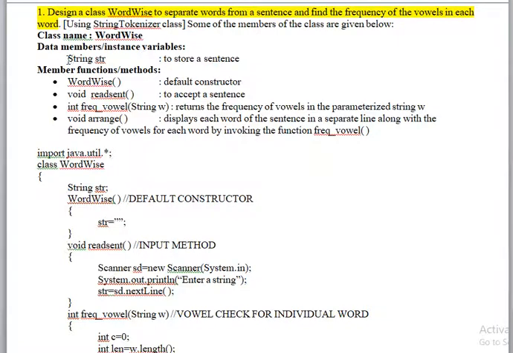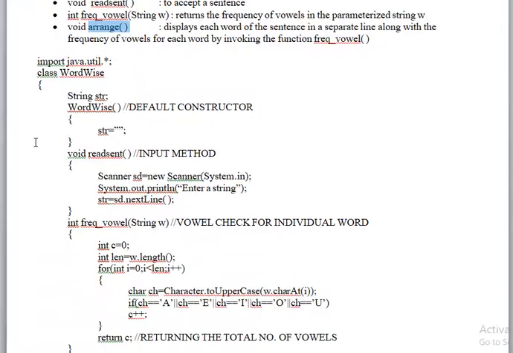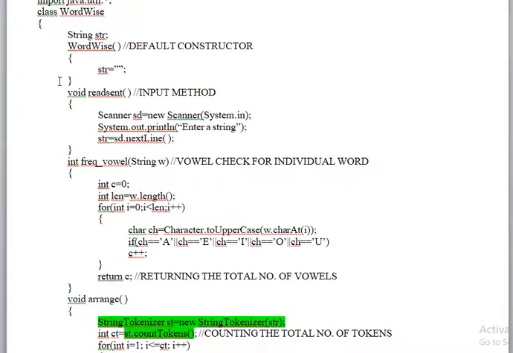I've given the data member String str, a default constructor, a function to input a sentence, a function that will take one word and return the frequency of vowels present in that word, and finally the arrange function. This is the program. We have the default constructor initializing the string as an empty string.